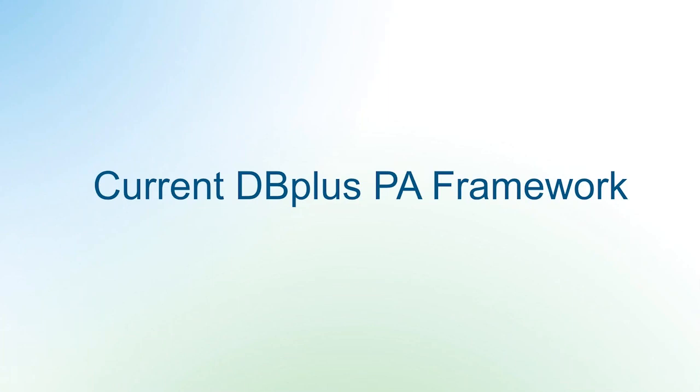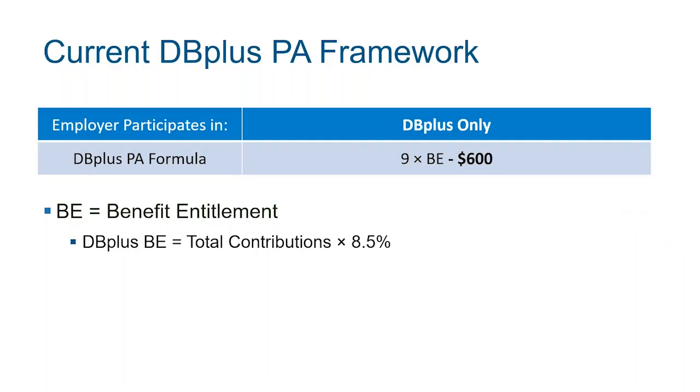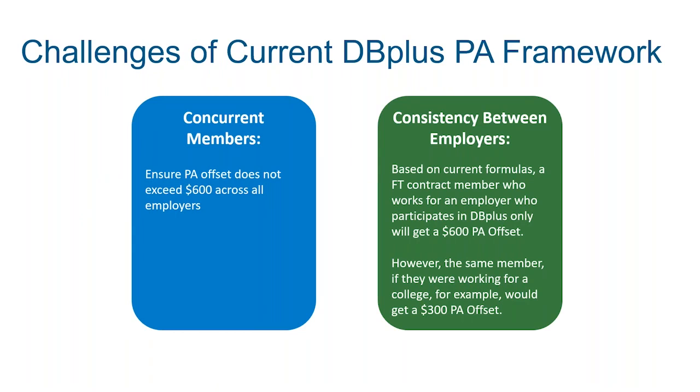Let's look more closely at the current DBplus PA framework. The DBplus PA formula is 9 times the benefit entitlement less PA offset of $600. The benefit entitlement is total contributions, both member and employer, earned in a year times the annual pension factor of 8.5%. The simplicity of this framework meant some challenges for different aspects of plan administration.